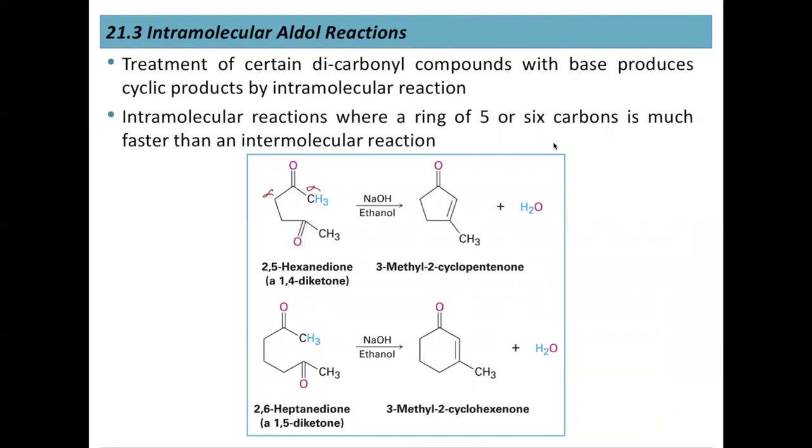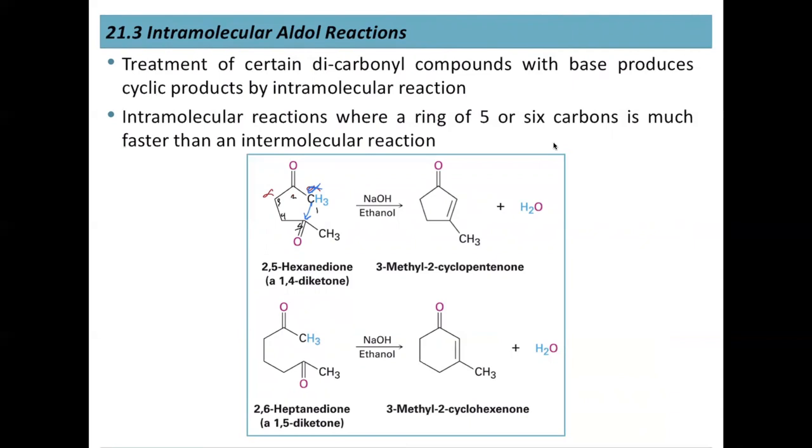So if we look at this molecule here, we've got alpha carbons here. In fact, I will color these different. We'll call these the blue alpha carbons, and then we have the red alpha carbons. If I pull off the blue alpha hydrogens off that carbon there, and it attacks here, what we would form is a 1, 2, 3, 4, 5-membered ring.